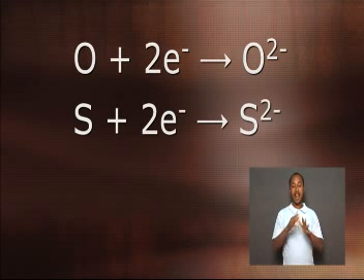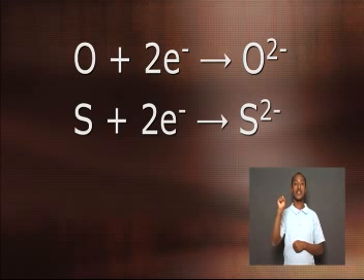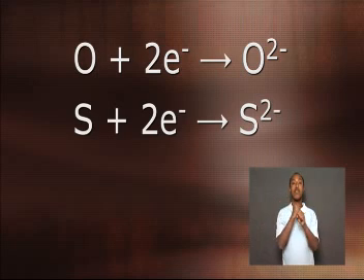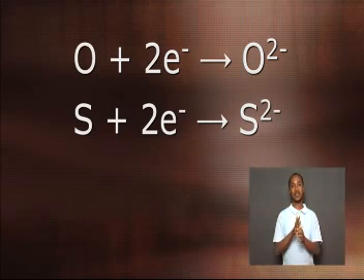They generally accept 2 electrons to form ions with a -2 charge. Thus, oxygen and sulfur gain 2 electrons and form anions with a -2 charge. Great work, everyone!